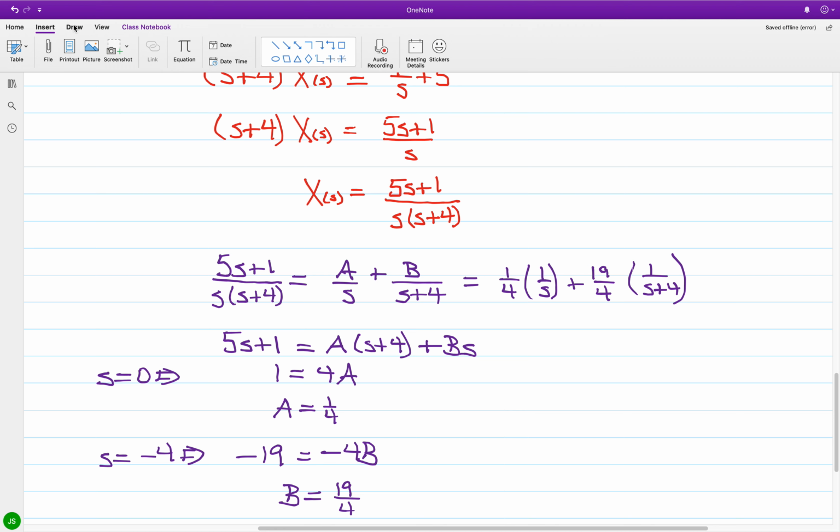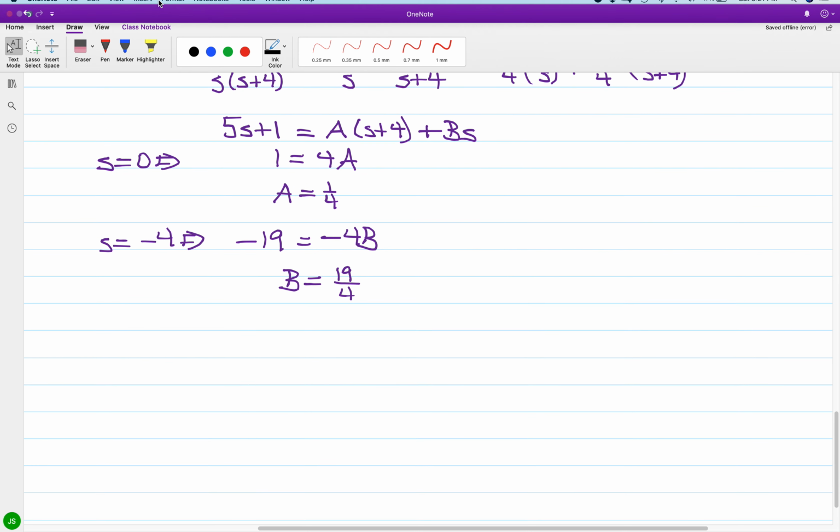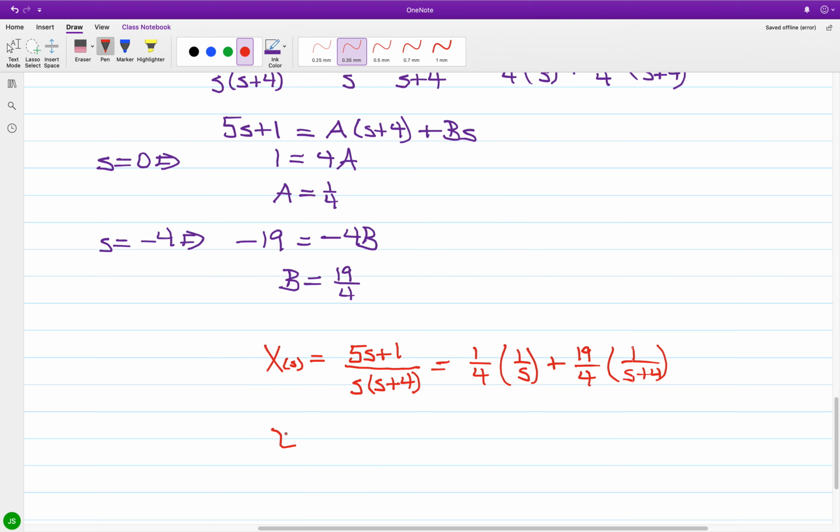Going back to what we have here, with the Laplace transform x of s, we have 1/4 of 1 over s plus 19/4 of the reciprocal of s plus 4.